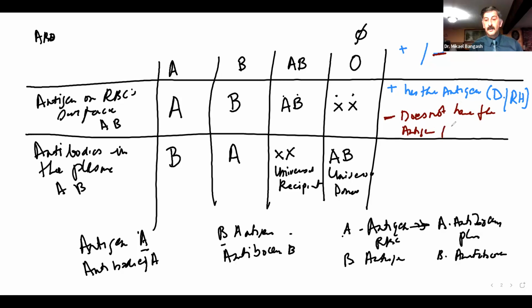Which antigen? The antigen that we call the D antigen or RH antigen. Where would that antigen have been found? If it was there, then the person would have been positive. But that would have been on the surface of the red blood cells.